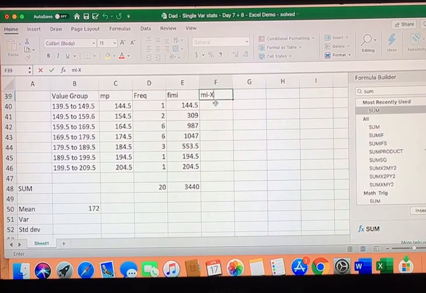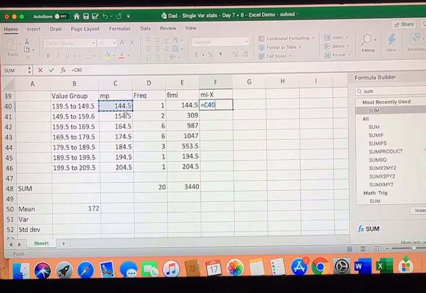So I create my formula and go equals, and I take my midpoint, 144.5, minus my mean, which is 172, and then I press enter. Before I press enter, I'm going to slide this formula and do it for all of these values: 144.5, 154.5, 164.5, 174.5, and so on.